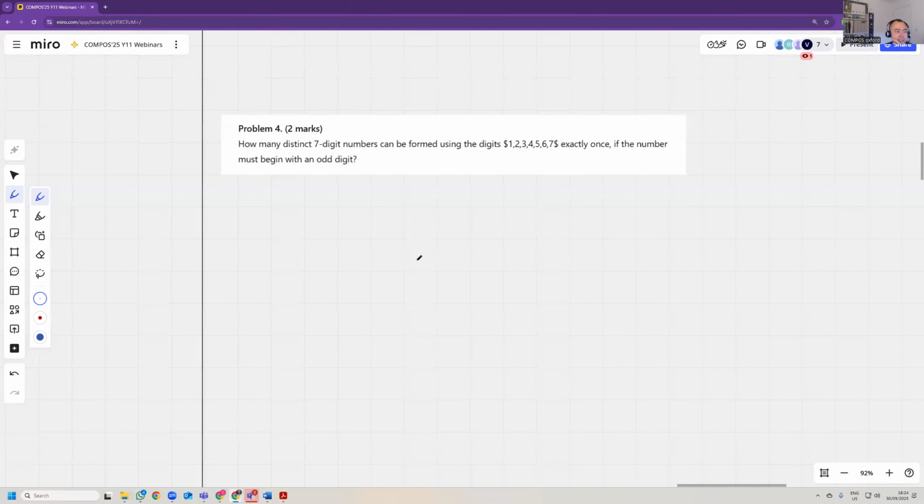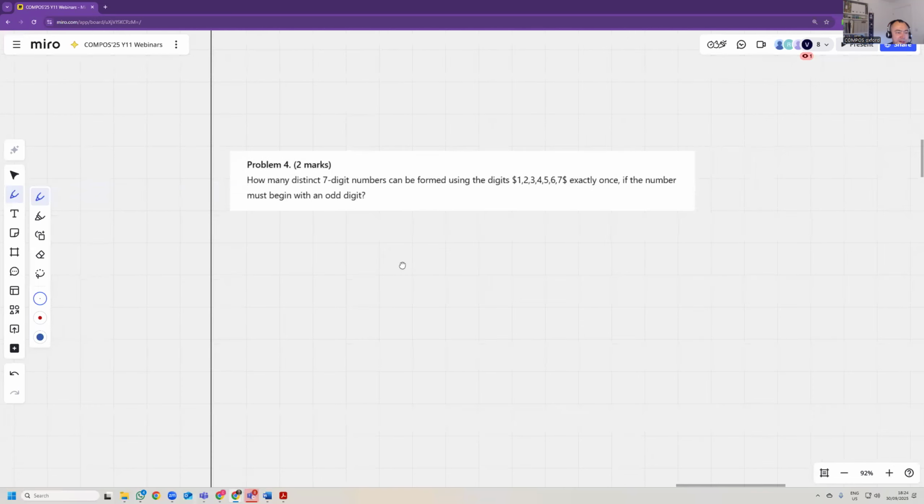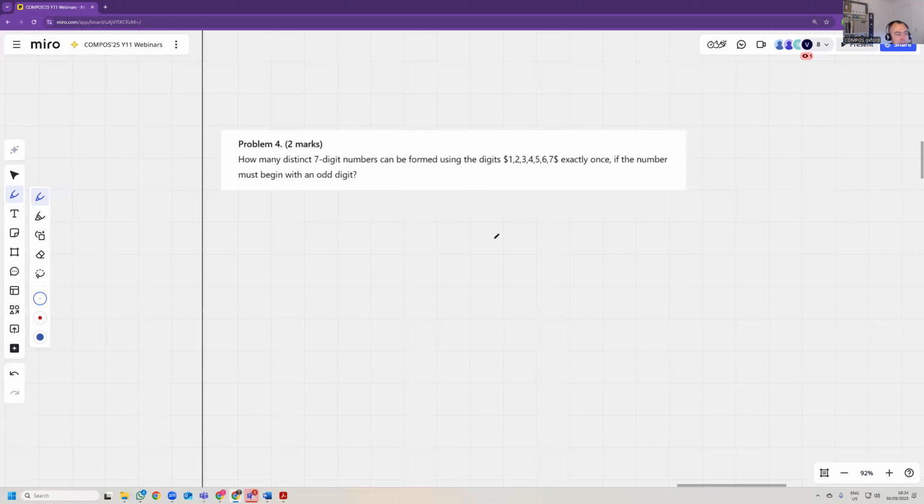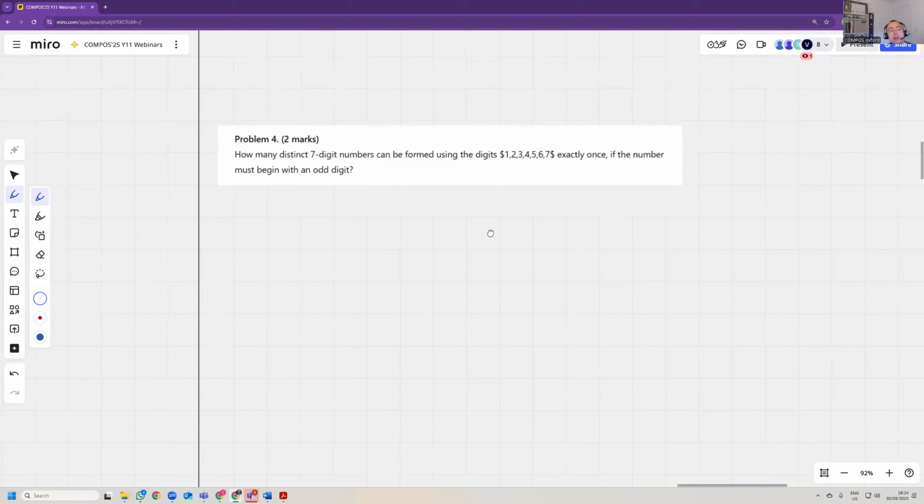How many distinct 7-digit numbers can be formed using the digits 1, 2, 3, 4, 5, 6, 7 exactly once, but the number must begin with an odd digit? Well, let's think of how many there are altogether, with no restrictions. There are 7 factorial numbers. Why 7 factorial?